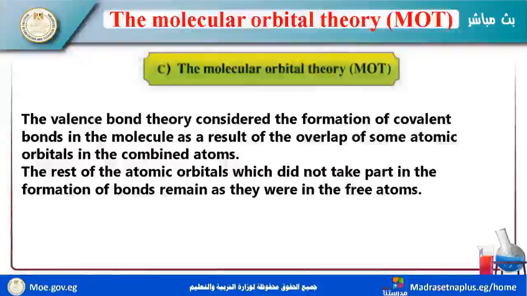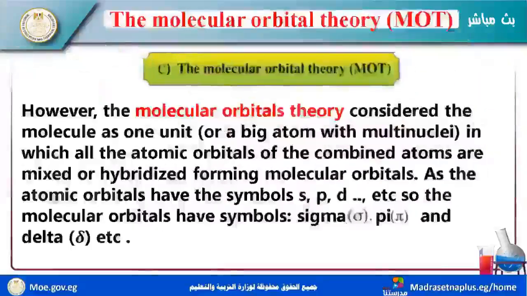The rest of the atomic orbitals which didn't take part in the formation of bonds remain as they were in the free atoms. In molecular orbital theory, however, the molecule is considered as one unit, like one big atom with multiple nuclei, in which all atomic orbitals of the combined atoms are mixed or hybridized, forming molecular orbitals.